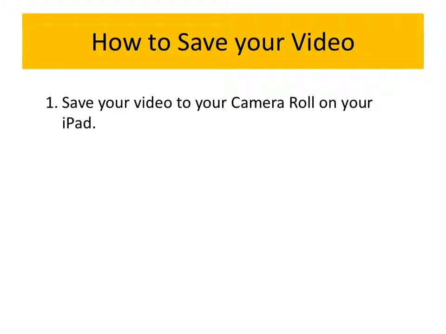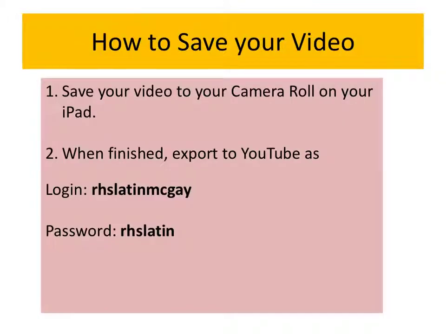Now, once you've recorded your video, how to save it. This is very important. First, I suggest you save your video to your camera roll on your iPad, just in case you need to resave it somewhere else. Next, when finished, export your video to YouTube as follows, using the login RHS Latin McGay, one word, and our password RHS Latin.